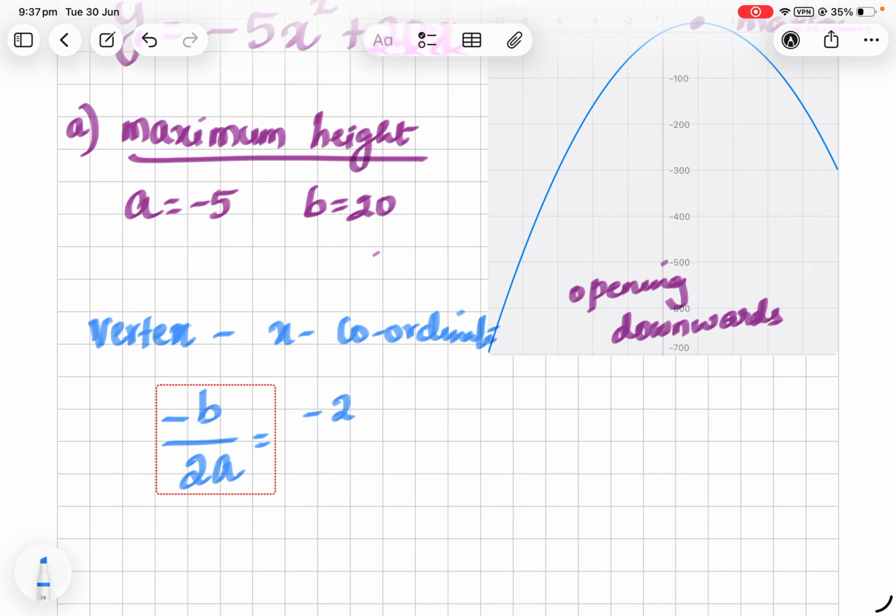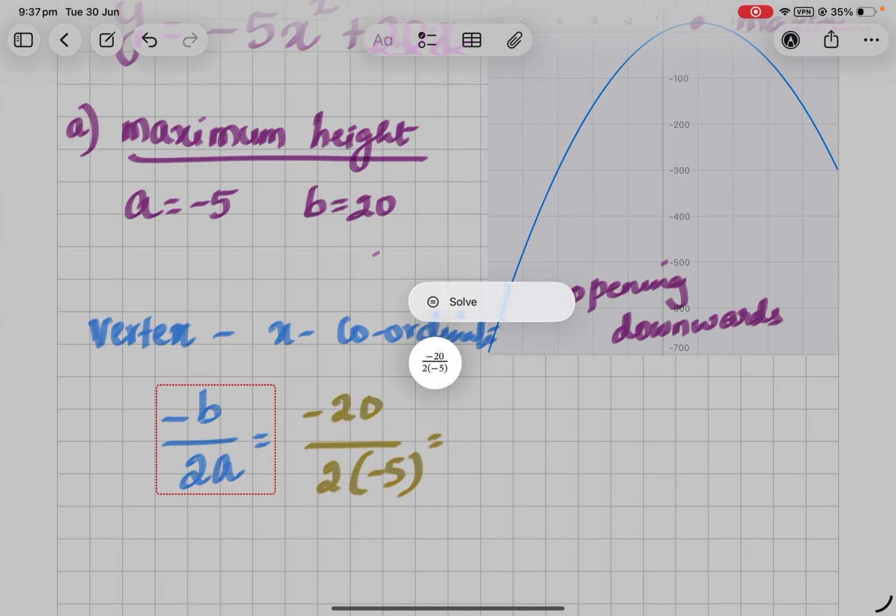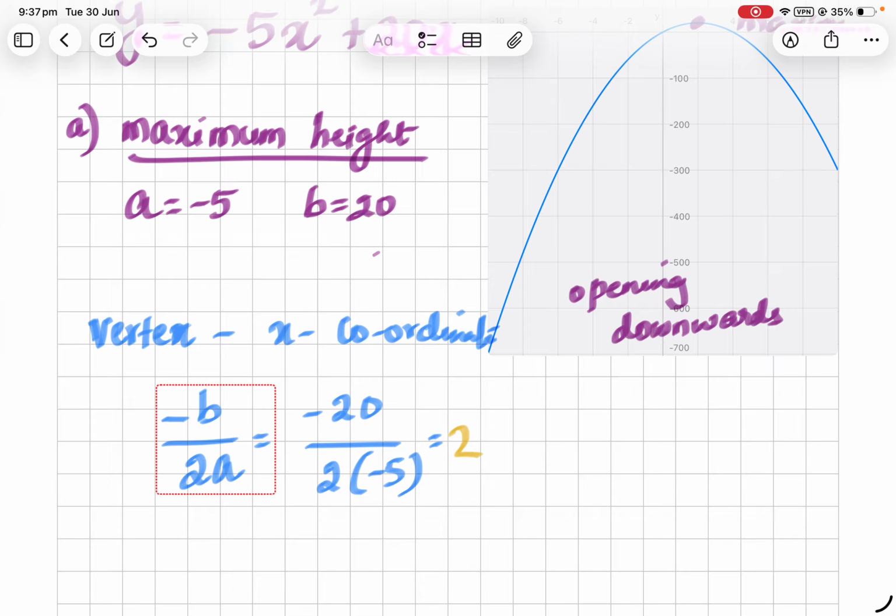So minus 20 divided by 2 times negative 5. So that would end up as 2.